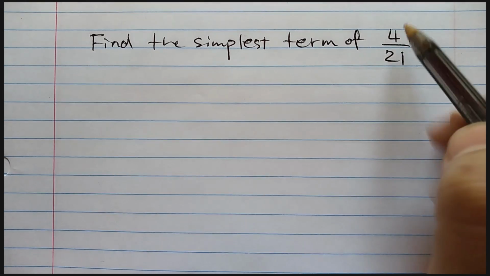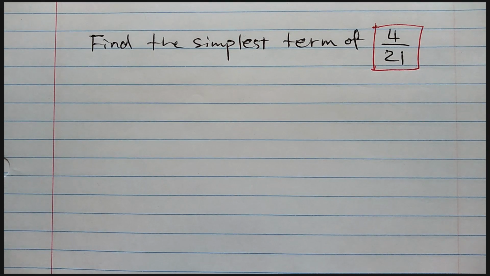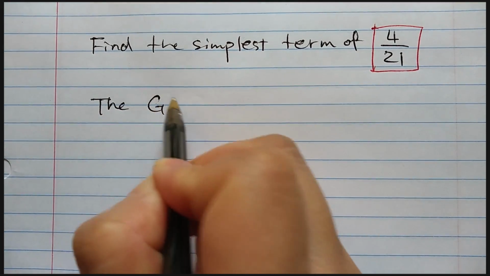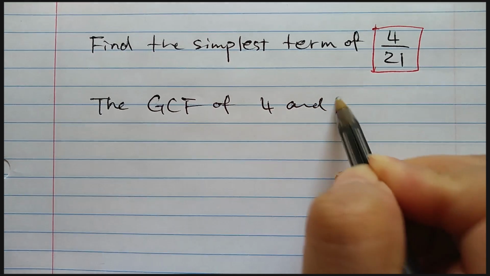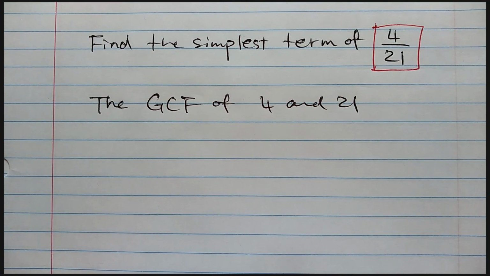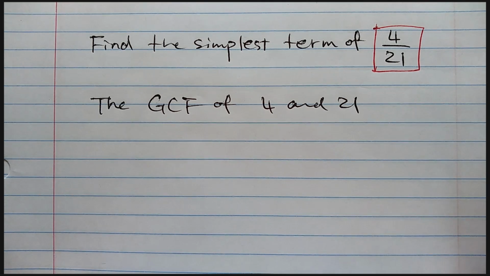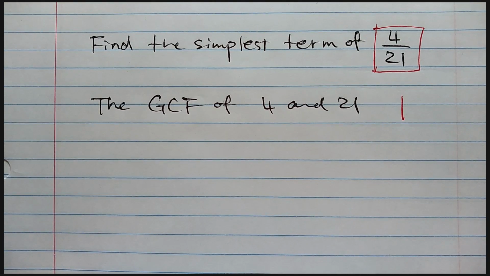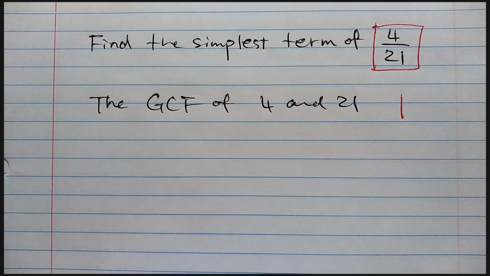That means this is the simplest term. How about the greatest common factor of 4 and 21? Like we mentioned above, there are no other common factors except 1. That means 1 is the greatest common factor of 4 and 21.